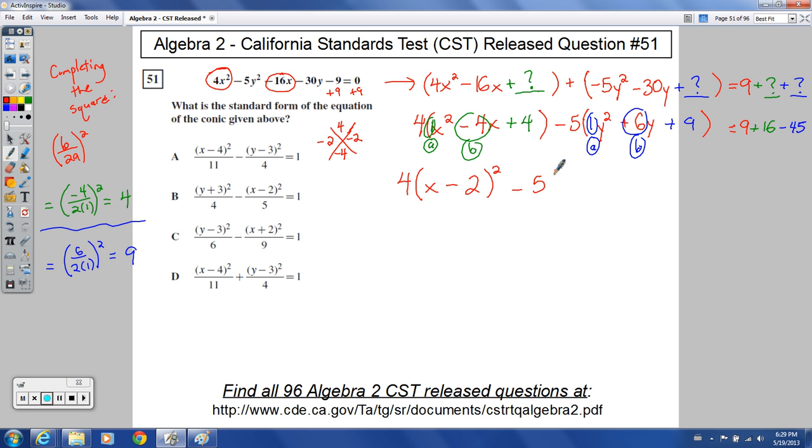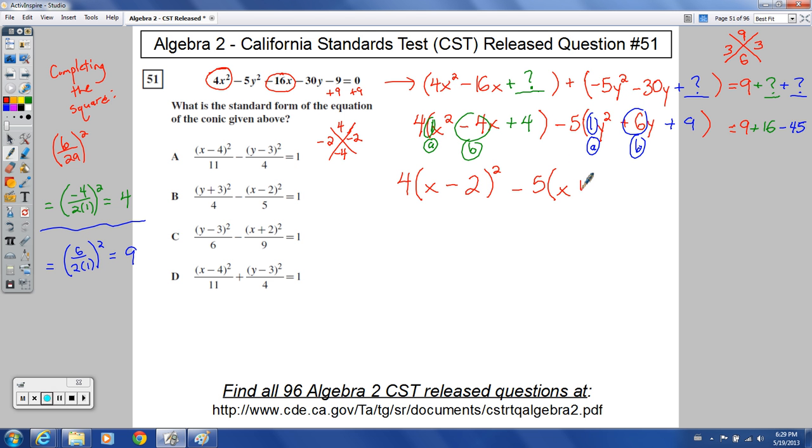In the same way, you've got negative 5 times, and then over here, I would be thinking, okay, what's the number that multiplies together to get negative 9 and adds together to get positive 6? That should be a 3 and a 3. And so you'll also notice each time it's just the square root of this number, the b over 2a squared part is the square root of this number. That's what goes in here and right here.